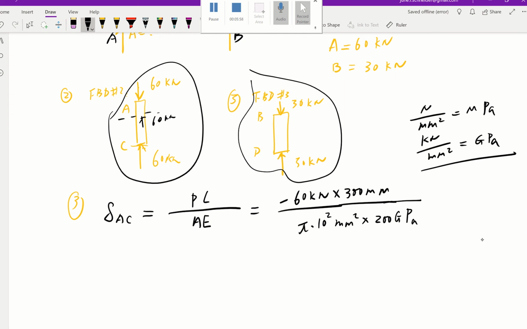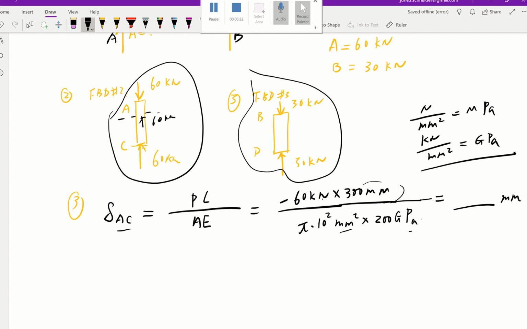Gigapascal is essentially kilonewton per square millimeter. Then square millimeter cancels out, we get kilonewton, then kilonewton cancels out. If I don't do any unit conversion, I'm going to get millimeter because that's what's left. That's the deformation. That's not too bad, right? So that's going to be our delta AC.